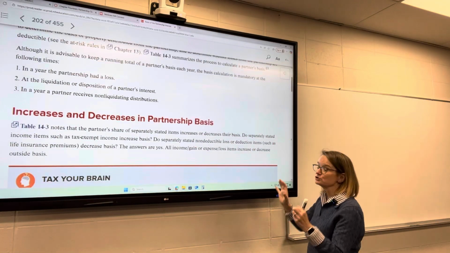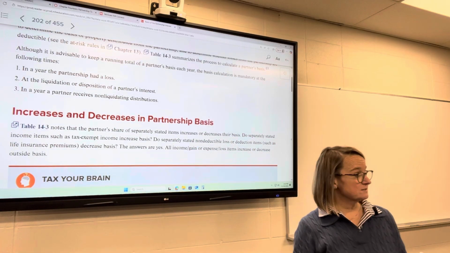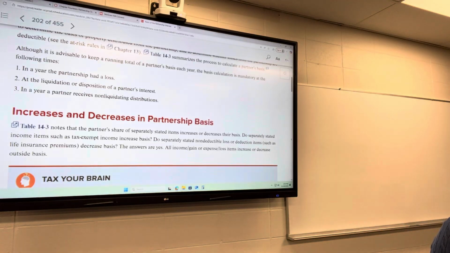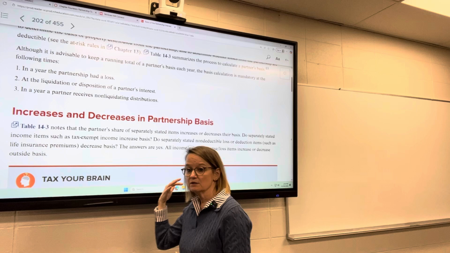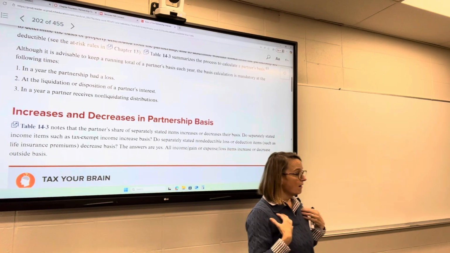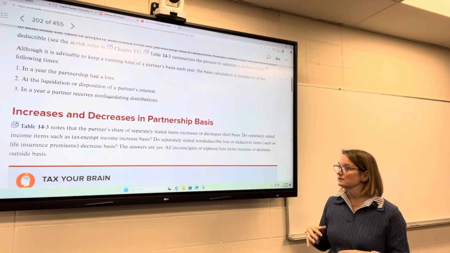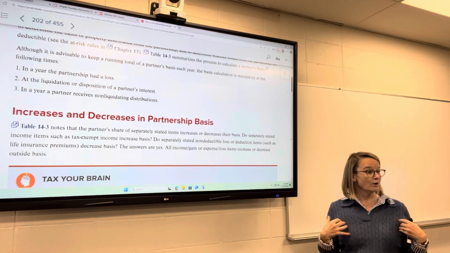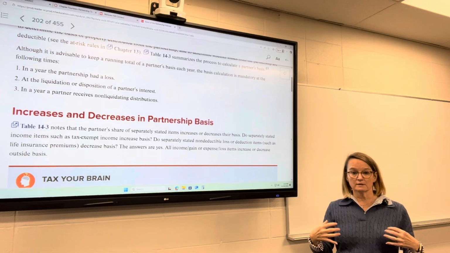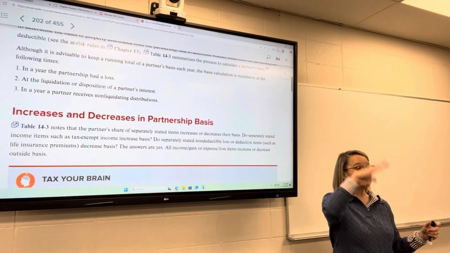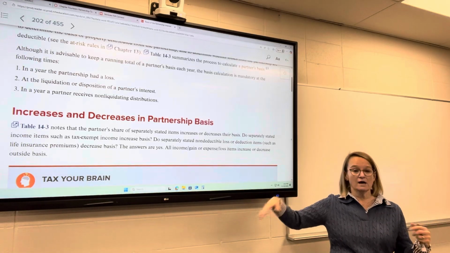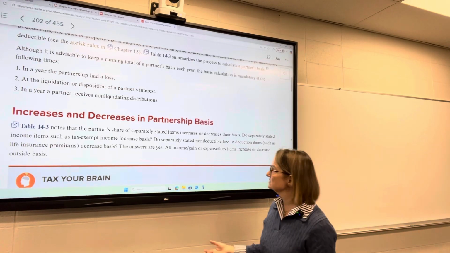So in order to keep track of what this basis is, we need to look at what items, what events occur that increase or decrease our basis in the partnership. And again, this is from a partner's standpoint. Okay, so each individual partner is going to have their own running tally of what their basis is.